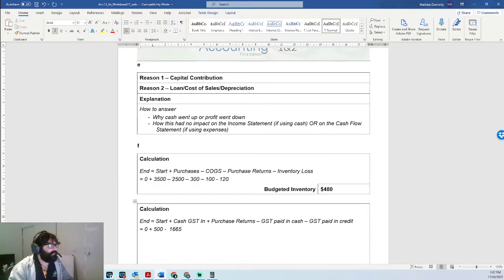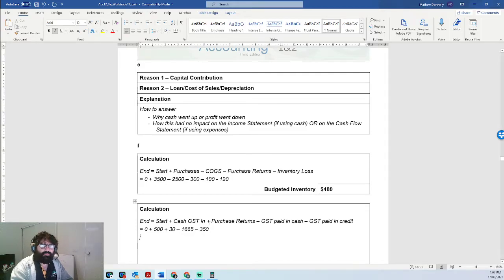Now we've got to look at our purchase returns. So again, we see Tiffany expects purchase returns of 300 plus GST. So we just got to add 30 GST. So that's GST, that's our cash. And our GST paid in credit was 350.